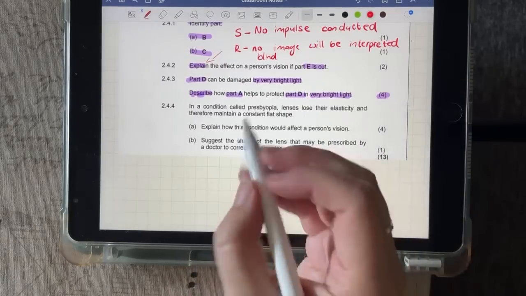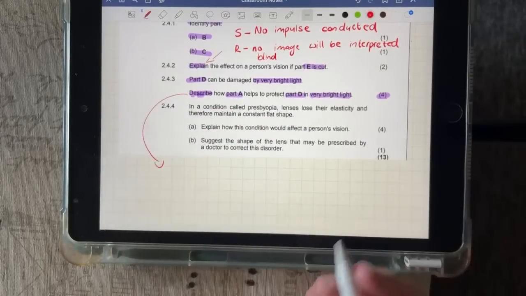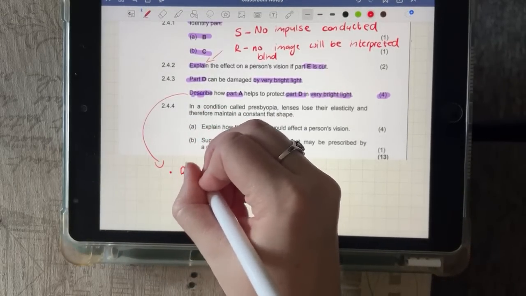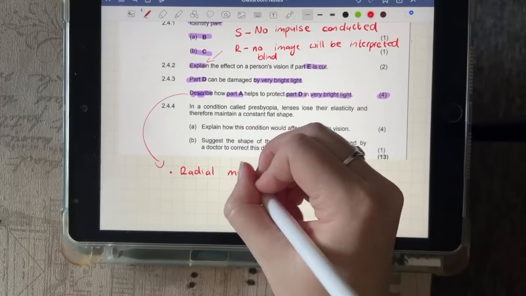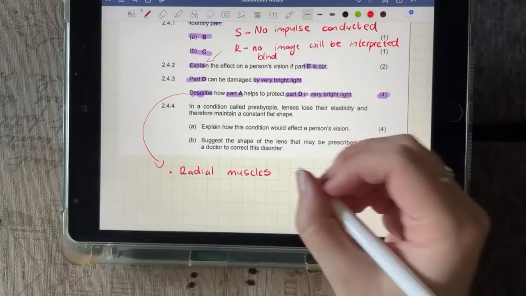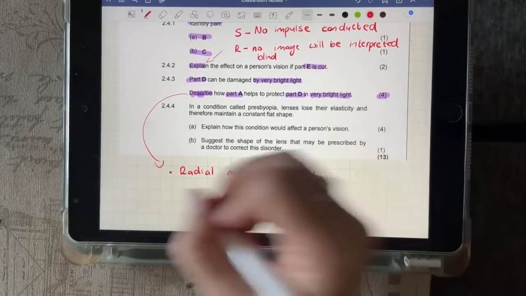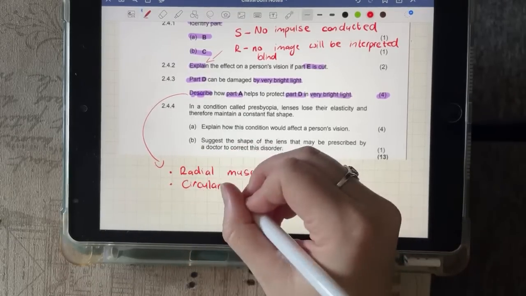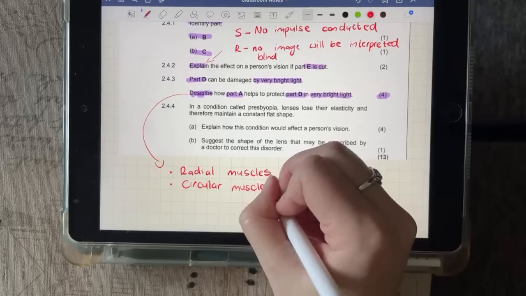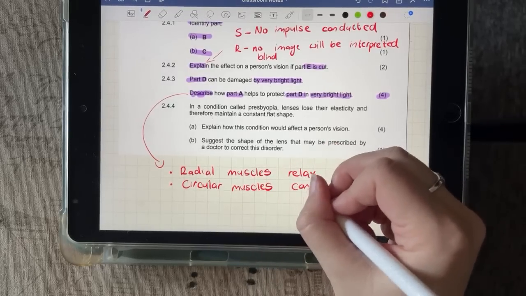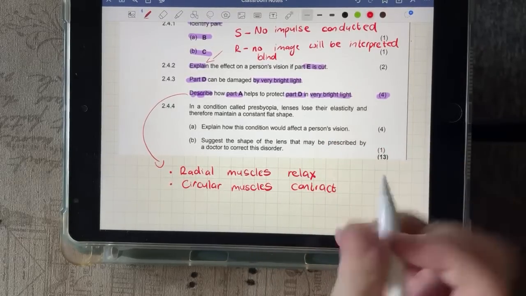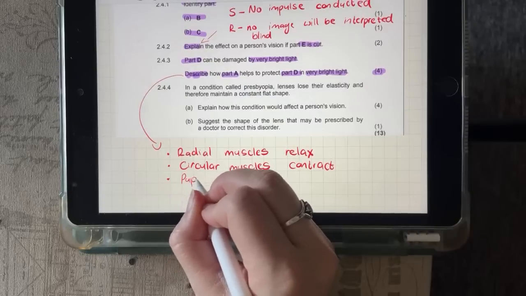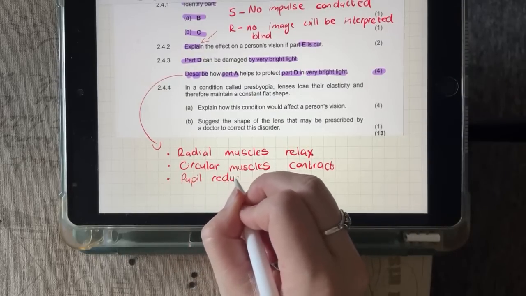So we're in a bright light. So I'm going to bring my answer down here so you can see my bullet points. Our first mark is going to talk about the radial muscles relax. Second point, the circular muscles contract. Okay. And then the pupil reduces.